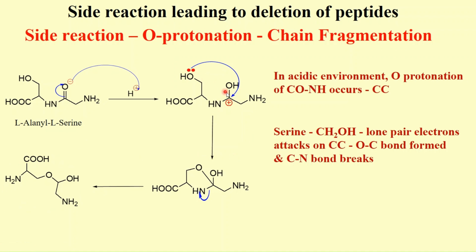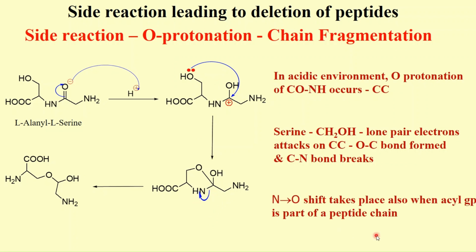Here the CO bond is formed and here the CN bond is broken. This N to O shift occurs when there is an acyl group present in the peptide chain. This is the side reaction which occurs due to O protonation and leads to fragmentation, and thus the disruption of the peptide bond occurs.